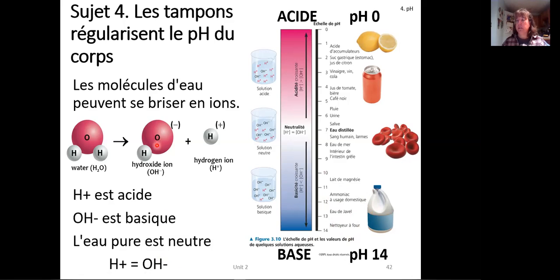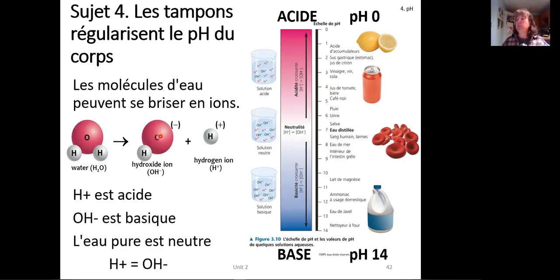because the hydroxide ions have this negative charge and can tear other molecules apart. So a base can cause as much damage to an organism as an acid.